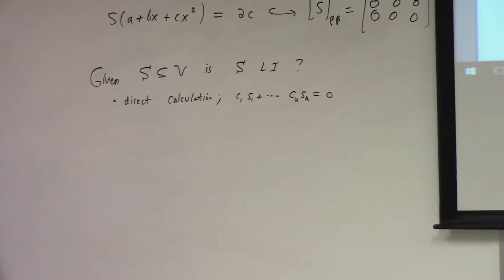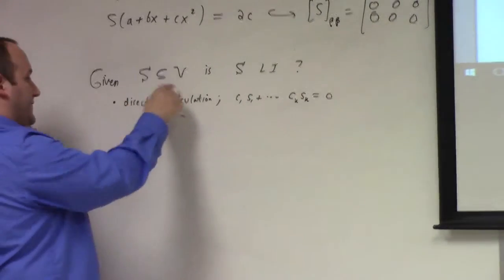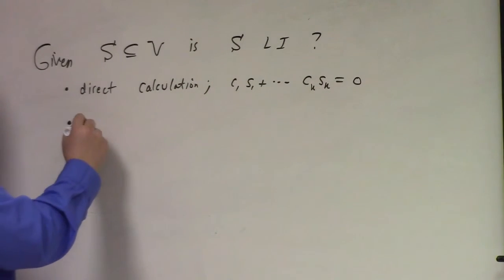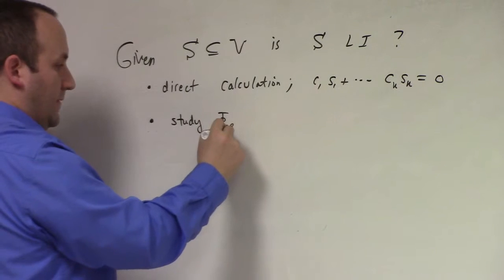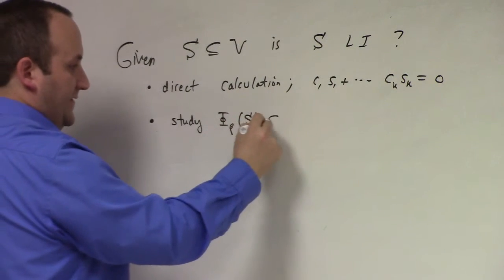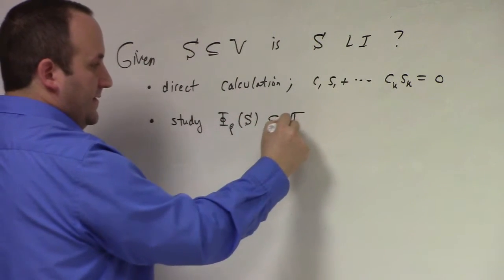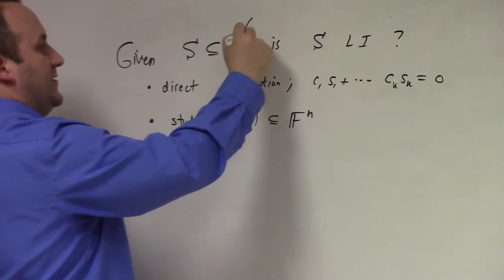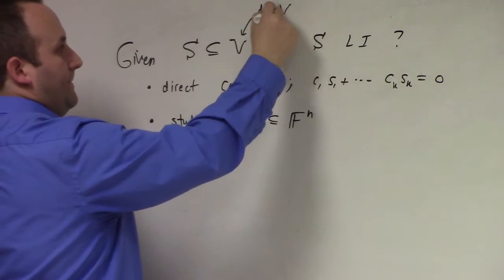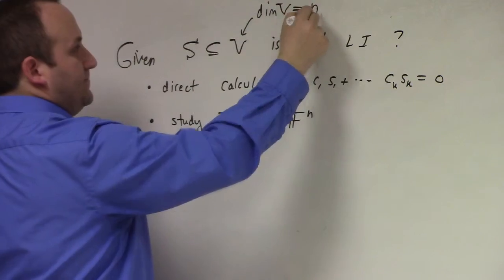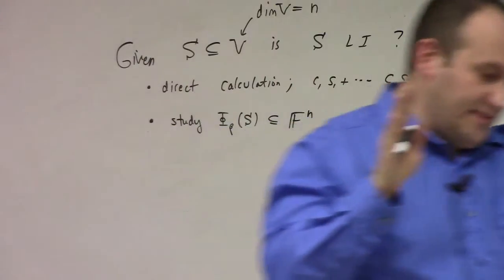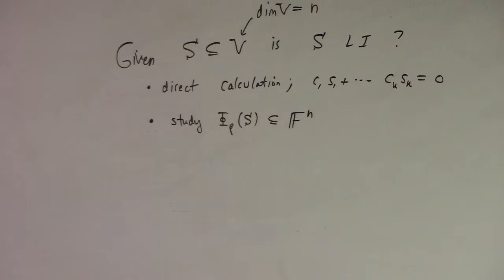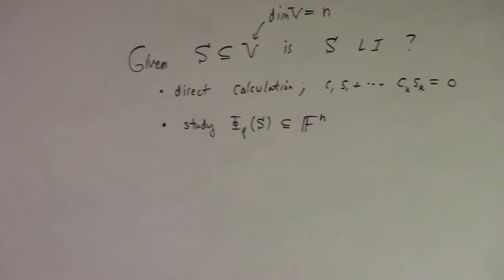But there's another way now. If V is a finite dimensional vector space, you could study phi beta of S. Now this would be a subset of F^n. I'm assuming here that the dimension of V is equal to n, and it's a vector space over F. So given a set of abstract vectors, you could feed it to the coordinate map, and out would pop a corresponding set of coordinate vectors.